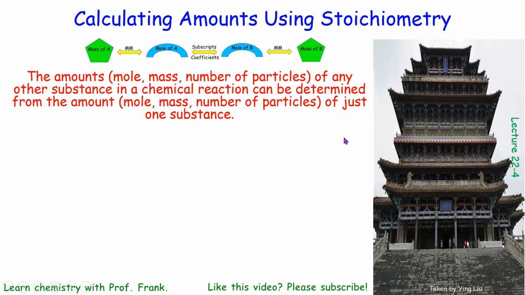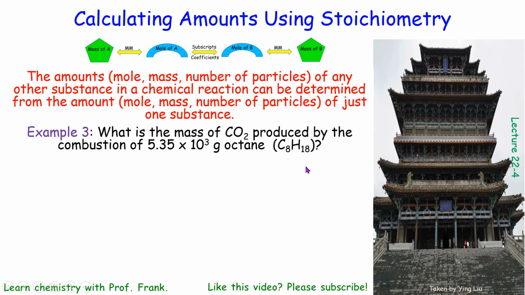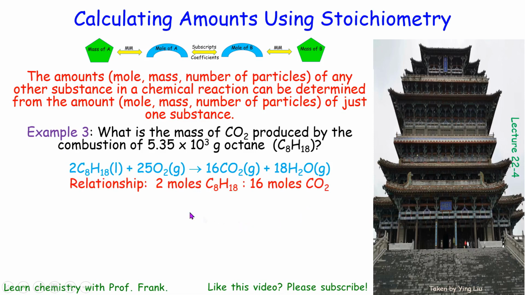In this example, we are going to convert the mass of one substance to the mass of another substance. So it's not just one-step dimensional analysis; this one will require 3 steps. It's the same chemical reaction.